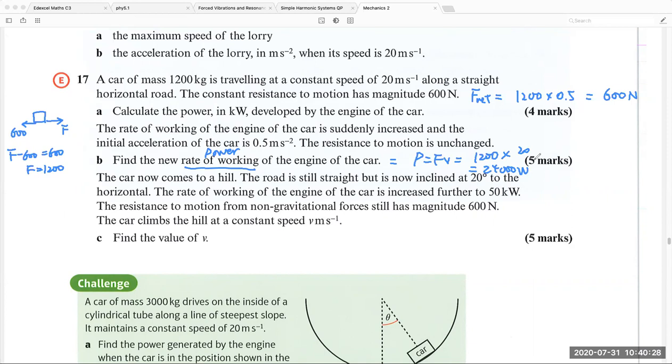How about part A? Ah, I missed part A. If it is traveling at constant speed, then that means the driving force equals the friction.